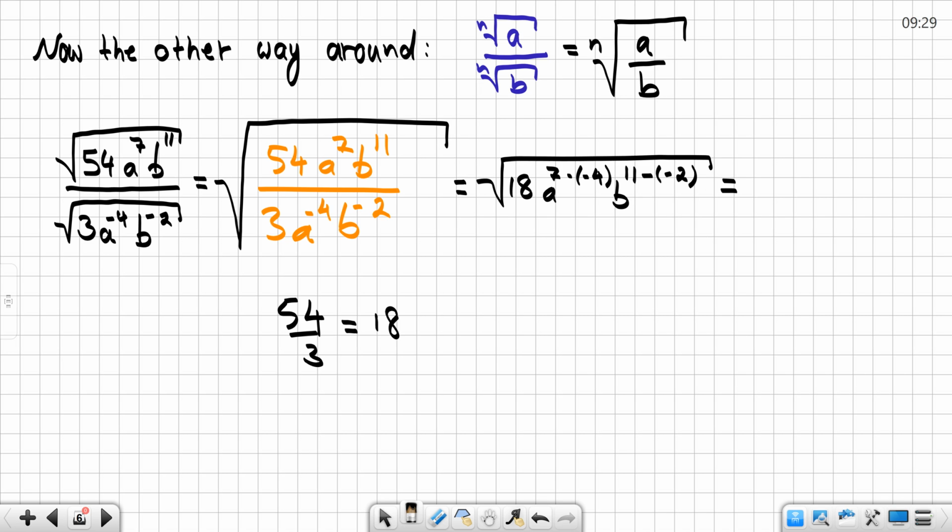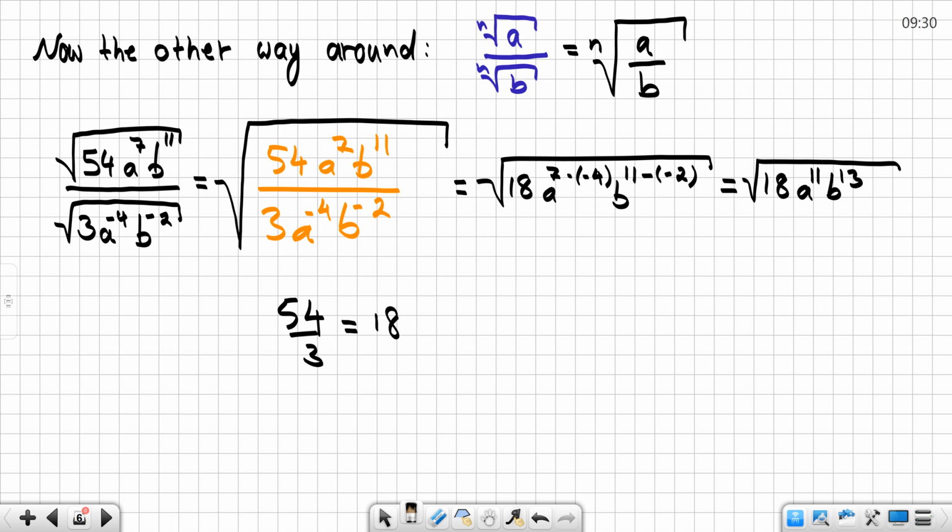So in other words, I will have the square root of 18. 7 minus a negative 4 is 7 plus 4, and that will be 11. 11 minus a negative 2 will be 11 plus 2, and that will be 13.